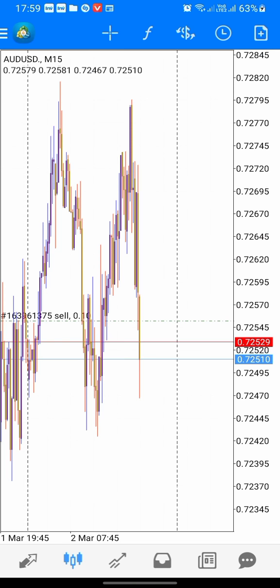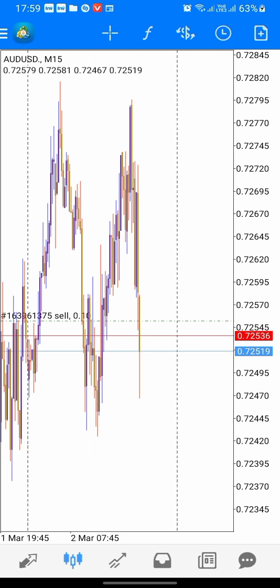I've learned most of the concepts from ICT. He's the master, he's the boss. Then over time, I derived my own thing, and now I'm going to be using my own thing, keeping ICT as a backup, because his information is solid. Mine is also solid too.